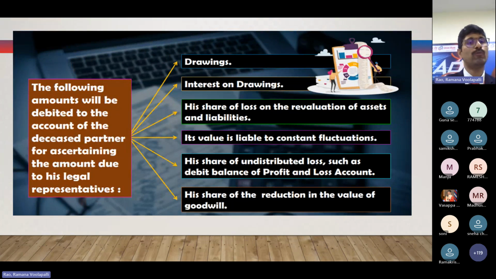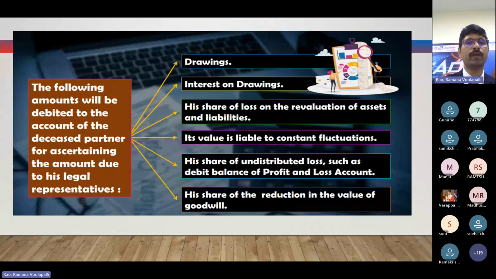Now, these are the things that have to be debited to the account of the deceased partner for ascertaining the amount due to his legal representatives. One is drawings, if there are any drawings by the deceased partner before his departure.